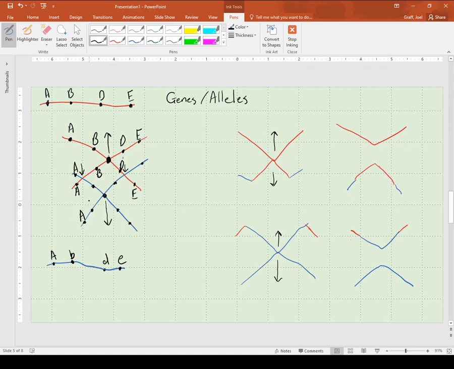But then it started differing. It had the lowercase b and the lowercase d and the lowercase e.